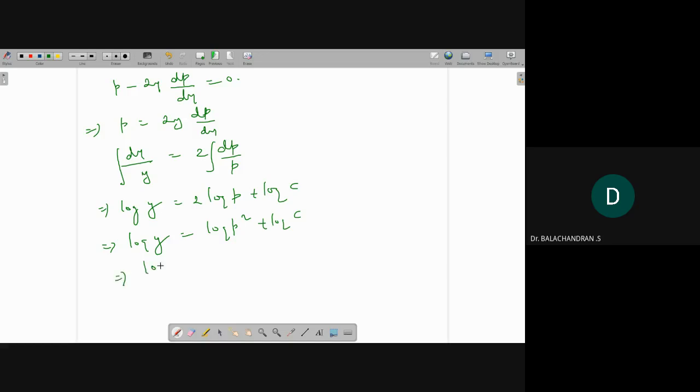So this implies log y equal to log c into p square. So y equal to c p square. But I need p or p square. So p square equal to y by c.